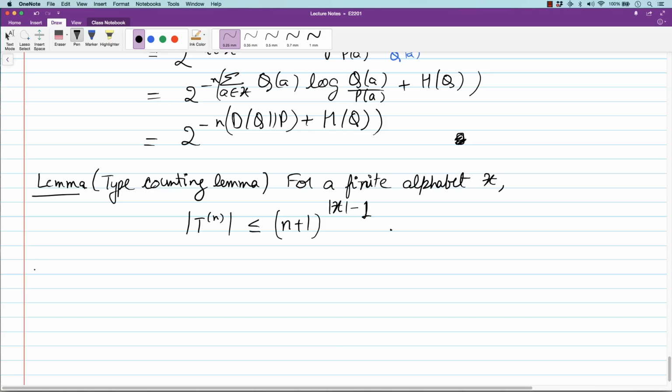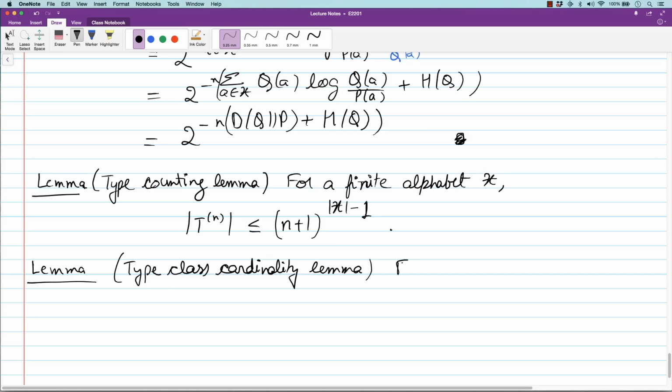The other property we want to get about types is something about the cardinality of each type class. So I'll call it the type class cardinality lemma. It tells you how many sequences there are of a given type.